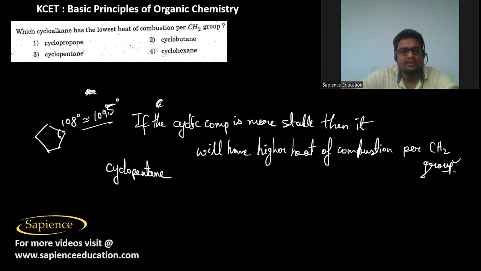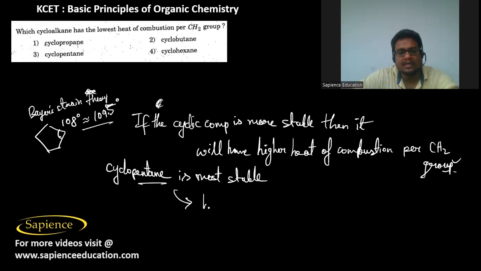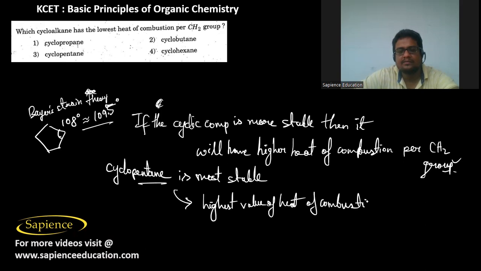So it is the most stable cycloalkane, it has the least strain. So cyclopentane will have the highest value of heat of combustion per CH2 group.